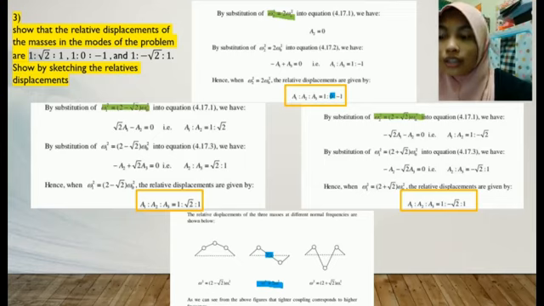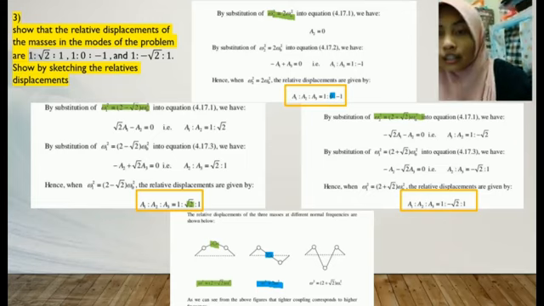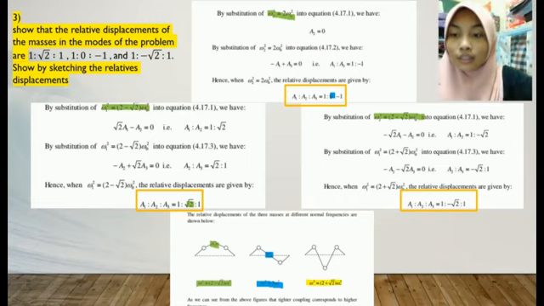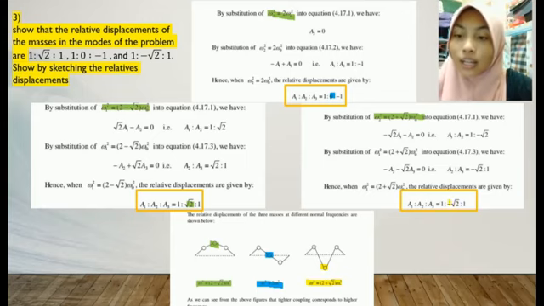For the second one, on the left hand side, it is 1, radical 2 and 1, which is in the same direction, but the middle mass has a higher displacement. And then the third one, on the right hand side, is 1, negative radical 2, and 1. So the middle one has the higher amplitude but downward, and the first and the third masses are in the same direction and have the same amplitude.